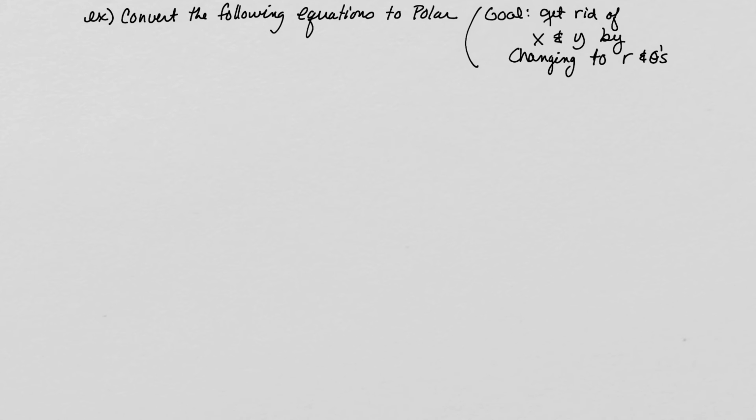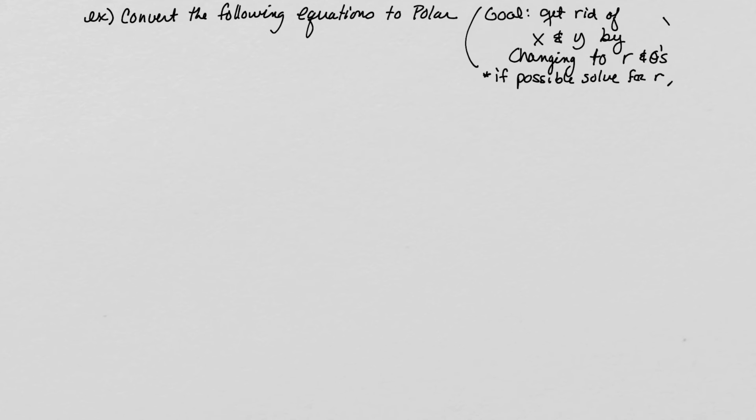When we're converting equations to polar, our goal is the following: get rid of x and y by changing to r and theta, and then, if possible, solve for r.